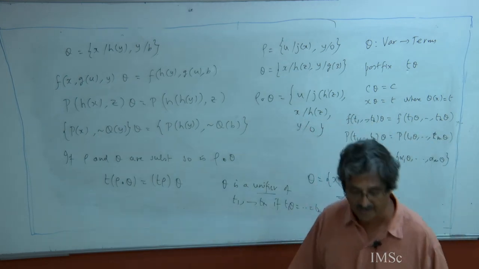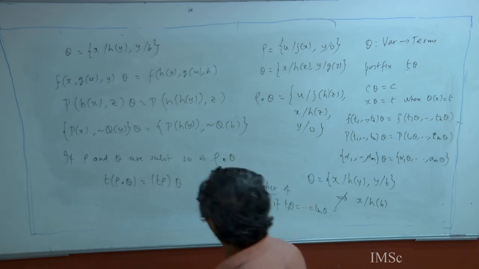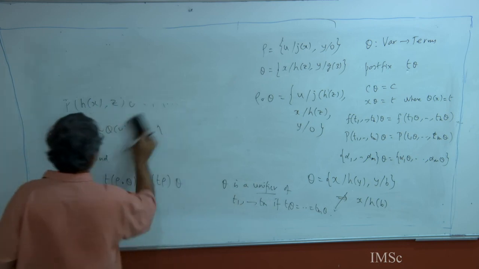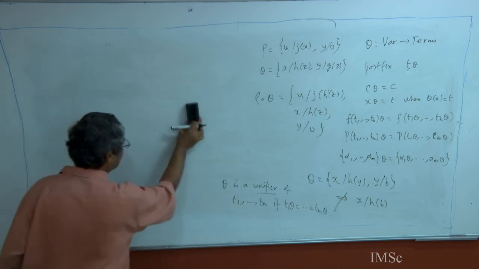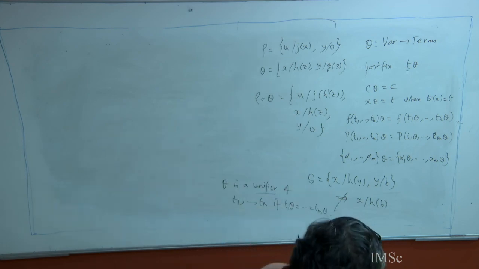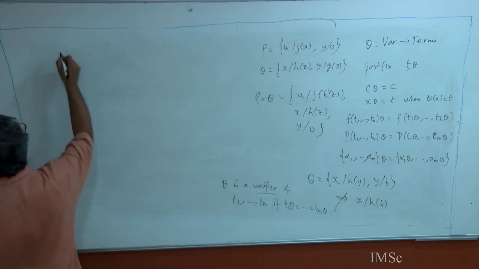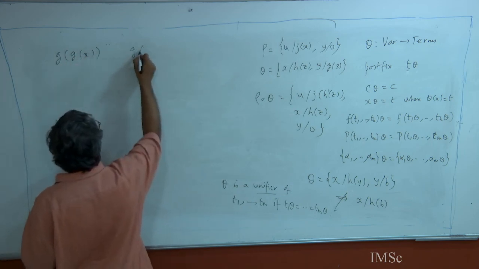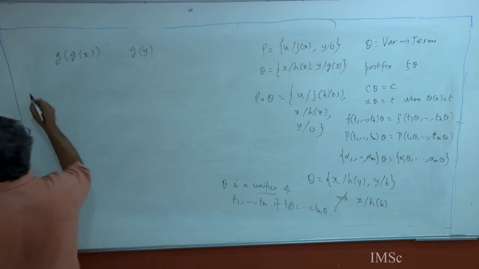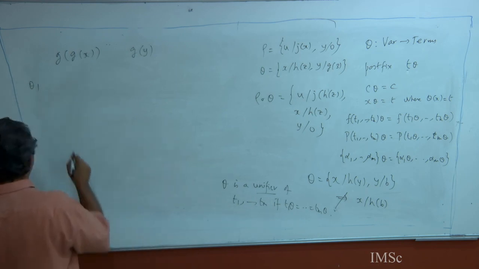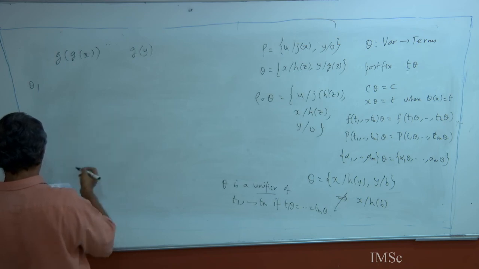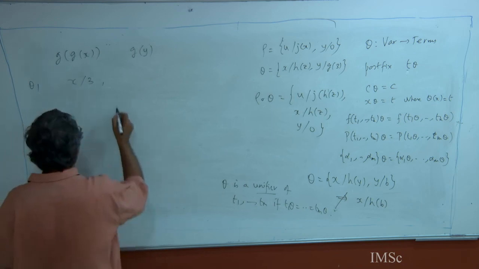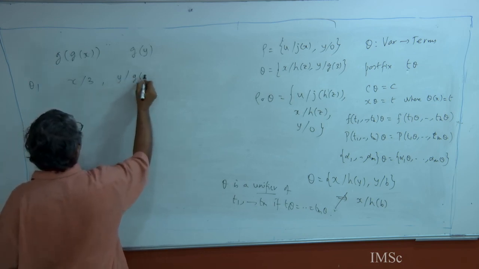Now, one example at least before I stop. Suppose I have got two terms, g of x and g of y. There is no reason at all why x can't be replaced by 3 and y replaced by g of 3.